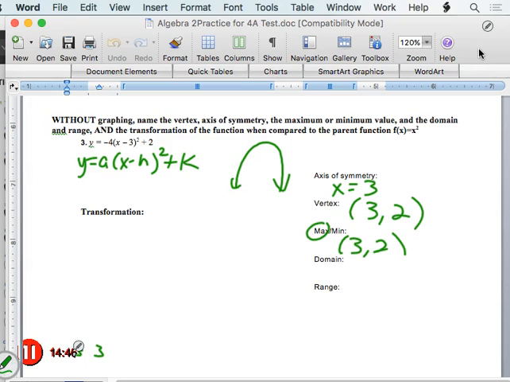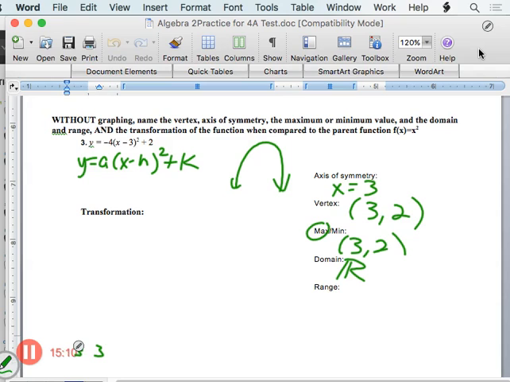So now we need to talk domain and range. And domain is going to be about the x's. Blake, what do we know about the x's for these domains? Yeah, that's kind of the gimme, right? Because whenever we're dealing with quadratics, we can use whatever numbers we want. But the range, you have to think about that for a second, about what that top y value is.